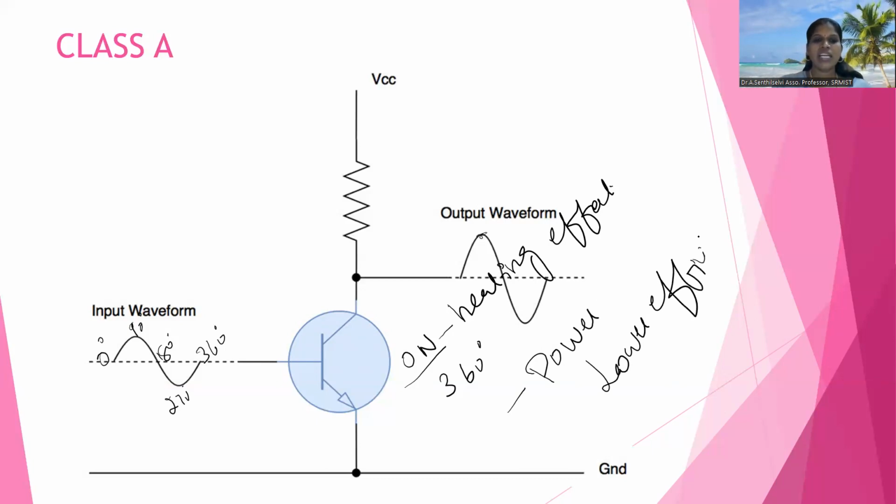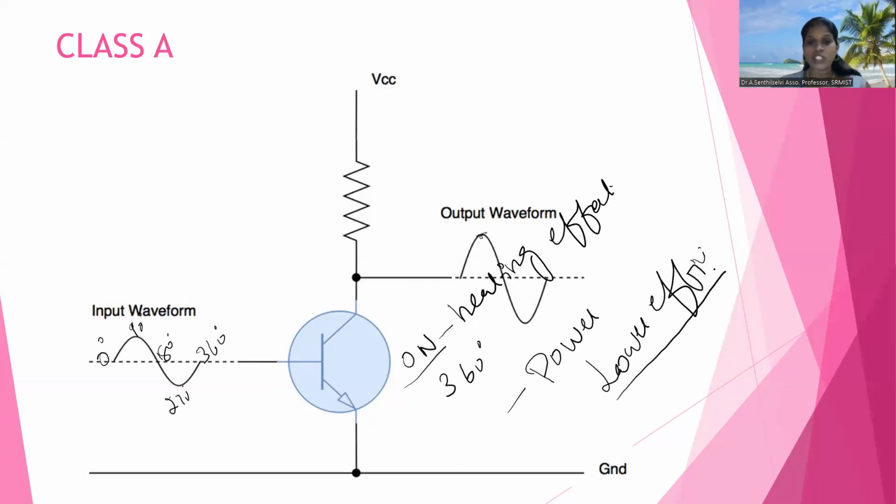Because it takes some amount of input power to process the entire input signal. That power is wasted during the processing. Only a minimum amount of power we will get on the output side. What is efficiency? The amount of power we get on the output side is called efficiency. Because of processing the entire input signal, we get very minimum power on the output side. That's why it has a low efficiency.